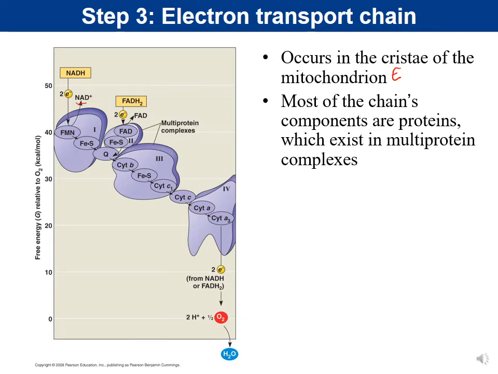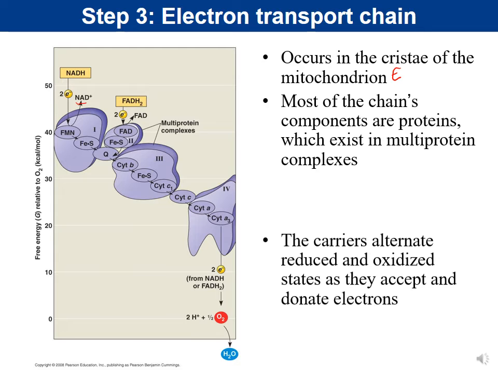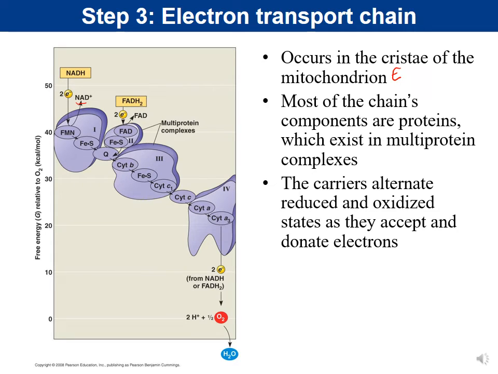So now it was reduced when it gained electrons, FMN, but when it donates it, now it becomes oxidized and the next carrier becomes reduced. And then that carrier passes it and it goes from being reduced to being oxidized, and the process continues. So what you end up with is these alternations of oxidation and reduction as the electrons are passed down the chain. And so they're going to alternate between these oxidized and reduced states.